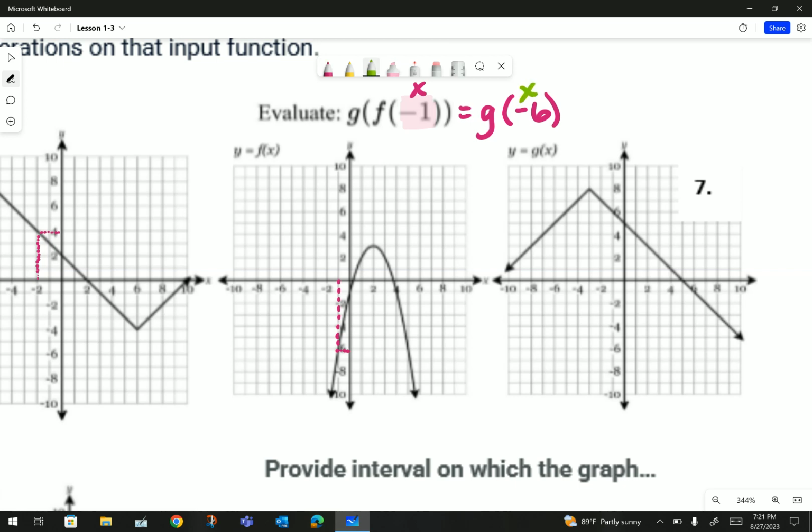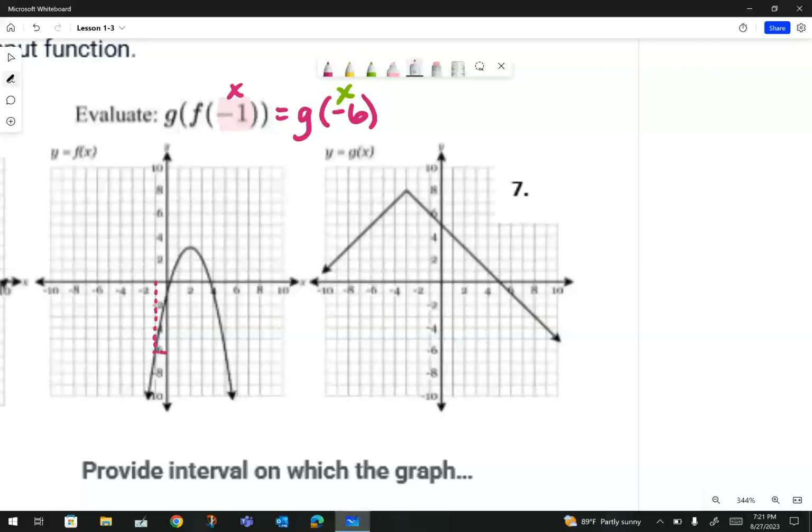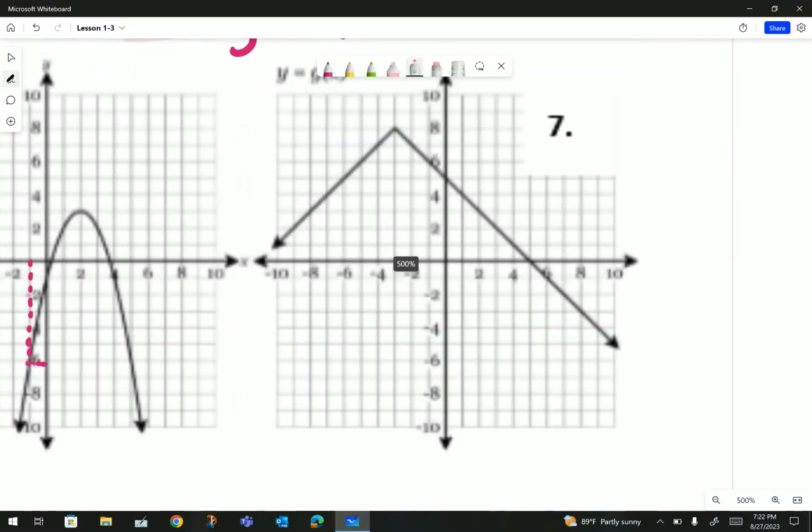This now, my friends, becomes the new x. But this time, I'm going to go find the y value on my g function. This is my g function. So walk over here. I'm going to expand it again. Go to my -6. And I'm standing here, and I notice that I have to go up. How many units up?